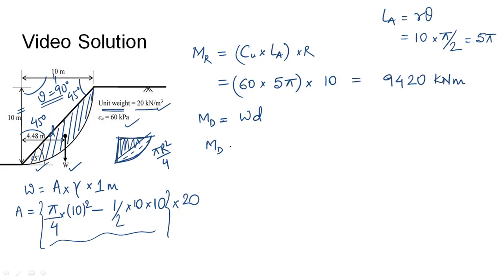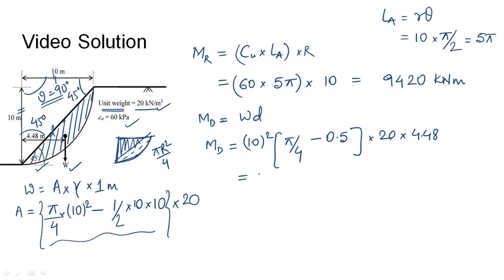So trying to find the displacement moment, that is 10 square into pi by 4 minus 0.5 into 20 into 4.48.